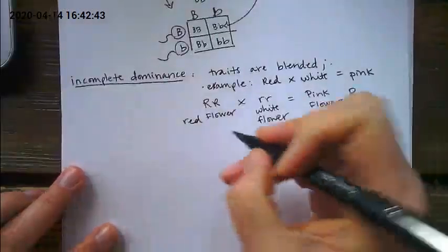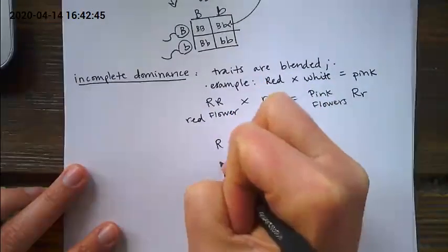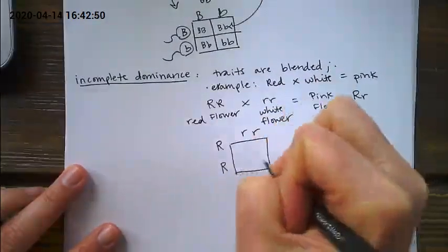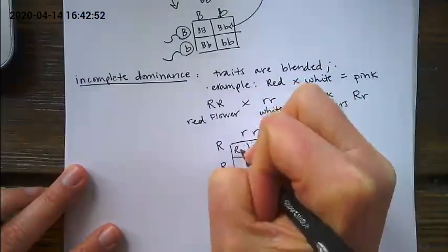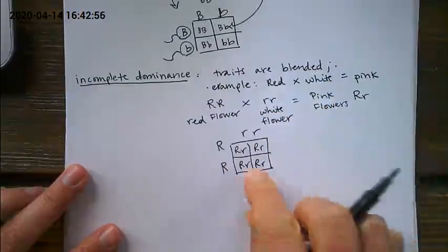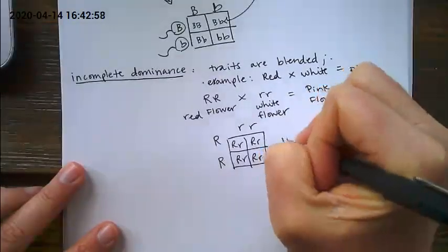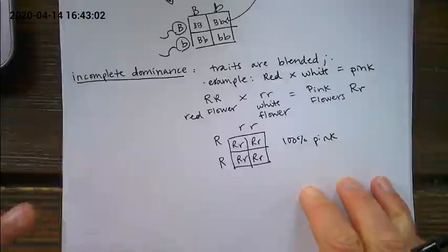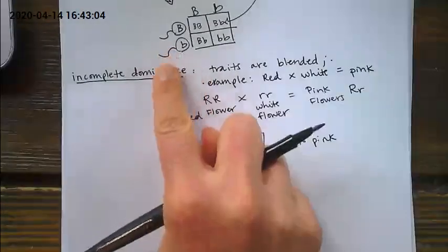So if we do the Punnett square, you're still going to do the Punnett square in the same way. But in this case, we have 100% pink offspring. So this would be an example of incomplete dominance.